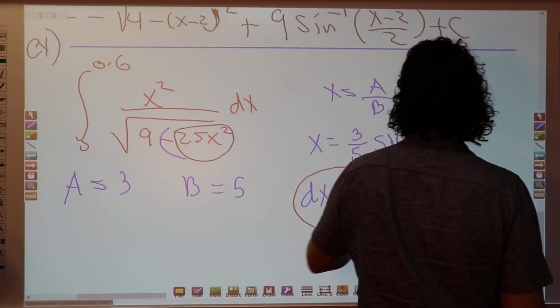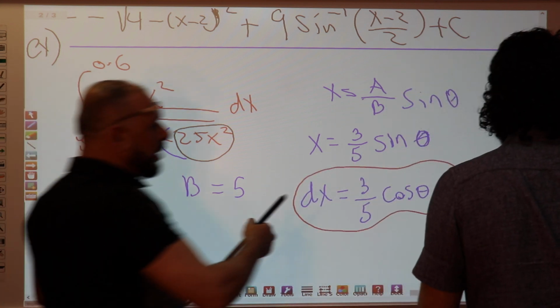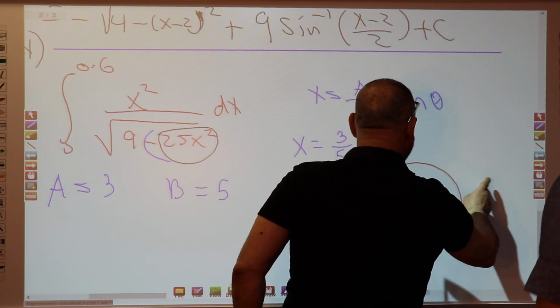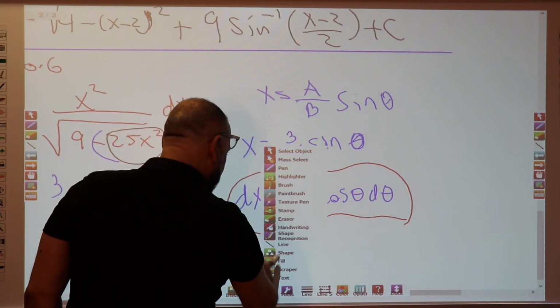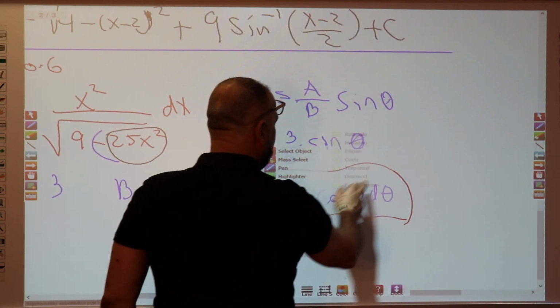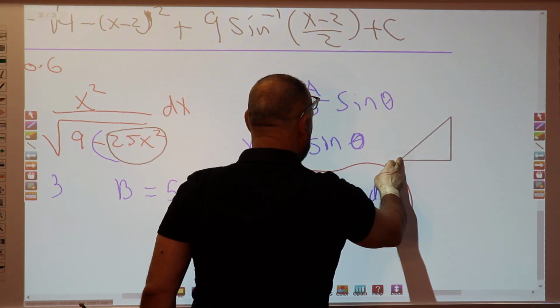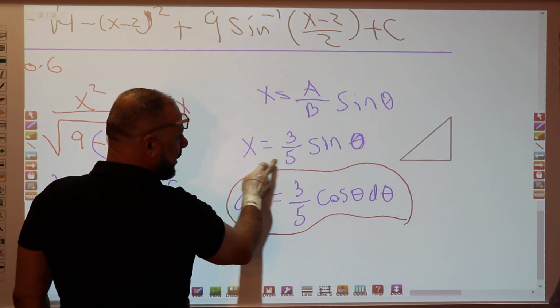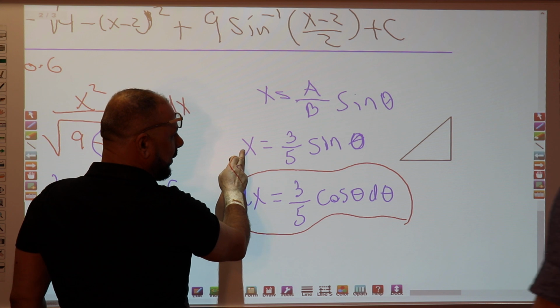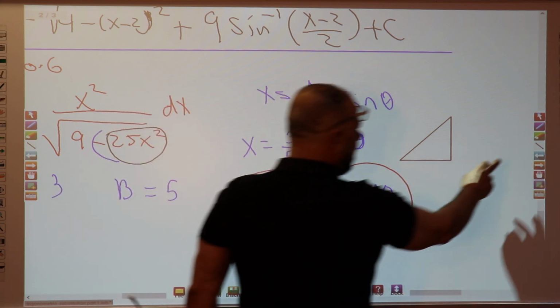Ismail, also we need the triangle. It's good to have the triangle ready. I'm gonna draw it for you. Because sine theta equals what, Ismail? 5x over 3, right?